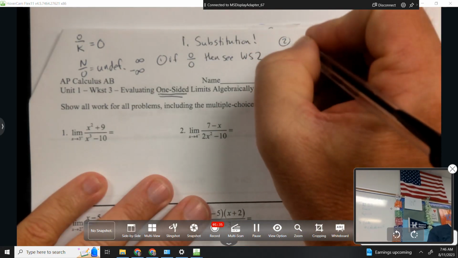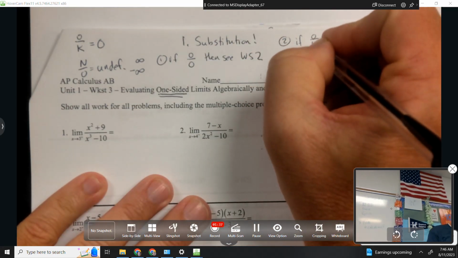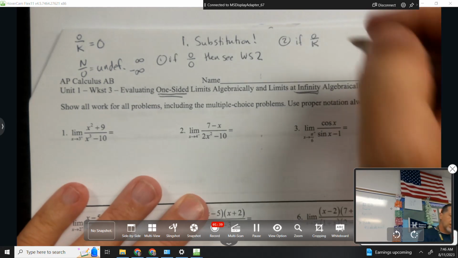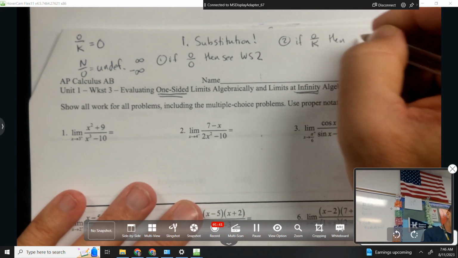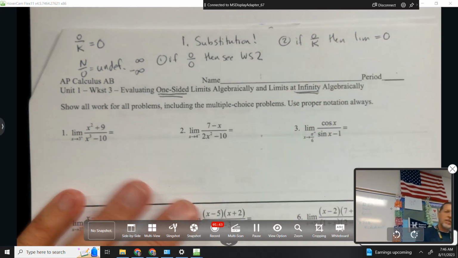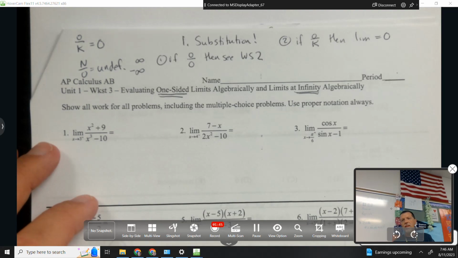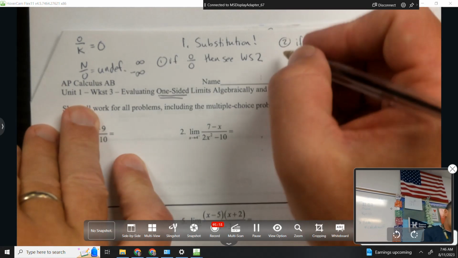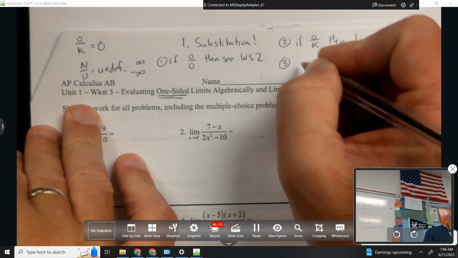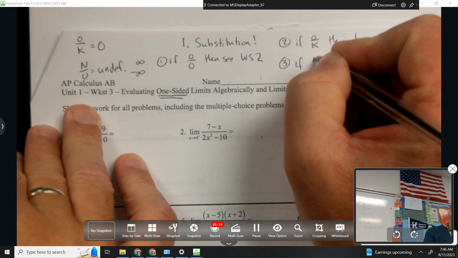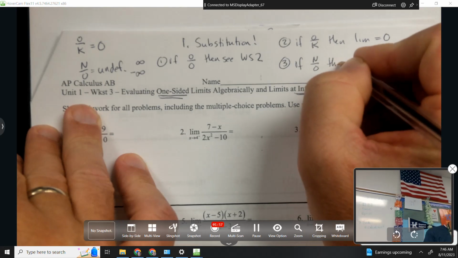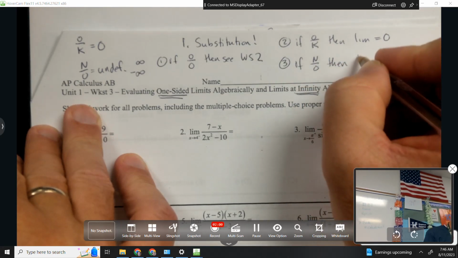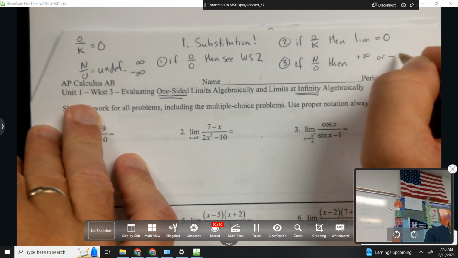Statement 2, if you get 0 over something, then the limit equals 0. So that's probably our most preferred method, because that doesn't require any other work. If you get something over 0, then is it positive infinity or negative infinity?